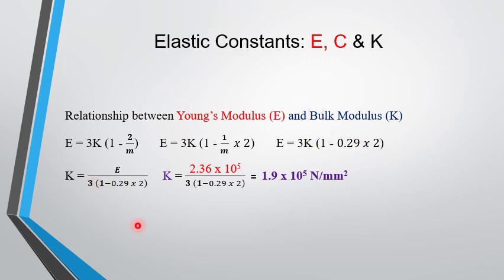Taking K outside, K is E divided by 3 into 1 minus 0.29 into 2. So putting the value of E, 2.36 into 10 to the power 5, the answer is 1.9 into 10 to the power 5 Newton by millimeter square. The exact value will not come on the calculator. If you type it correctly on the calculator, you will get 1.898, which rounds to 1.9, the correct answer. So this is the answer for bulk modulus K.